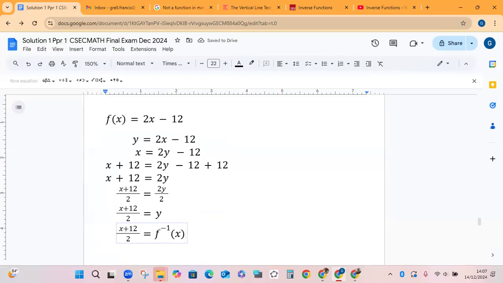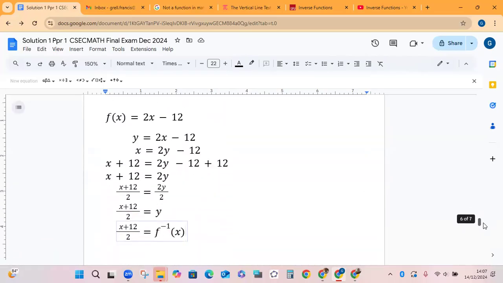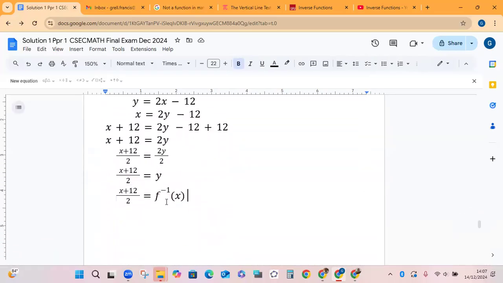So now we can find f inverse of 3. So therefore, f inverse of 3, what we can do, we can swap f inverse of x, put it on the left side, put the equal sign there, put f inverse of x there. It is saying the same thing.